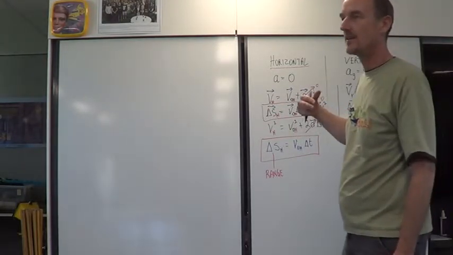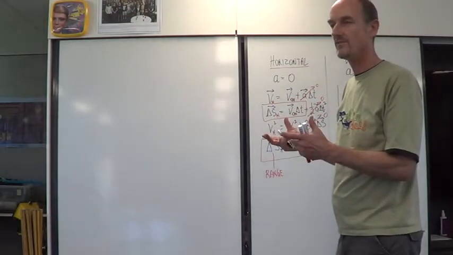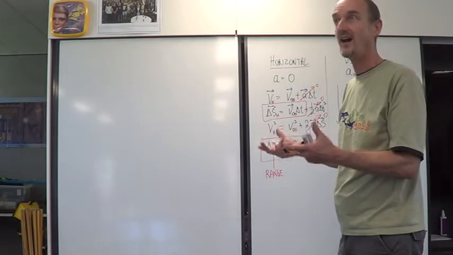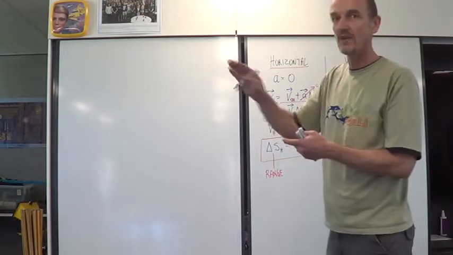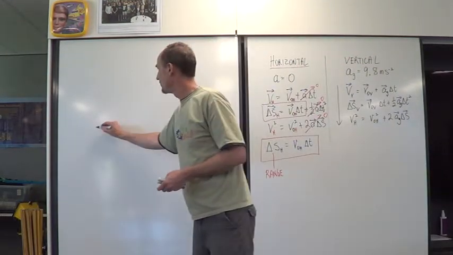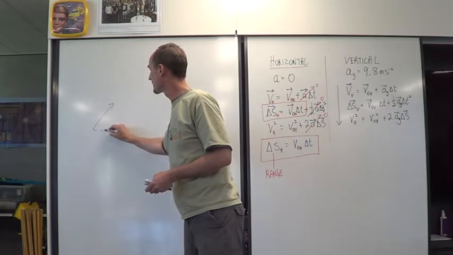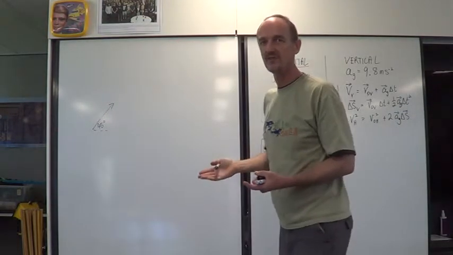And on that, we need to consider first of all, what are the horizontal and vertical values when we actually launch the object. All right, so we've launched the object at 45 degrees.